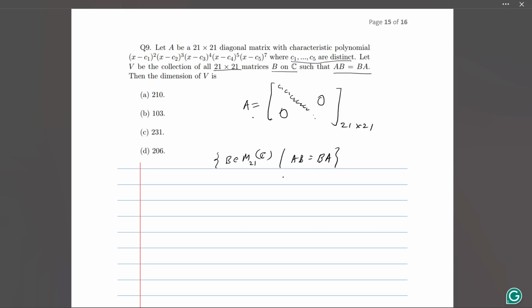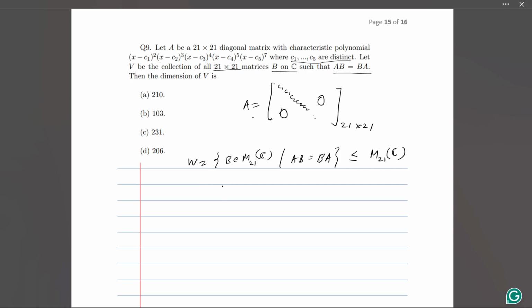And it will come out that this is a subspace W of M21. They are asking for the dimension of this W, which is a subspace. Okay, so how to do this?